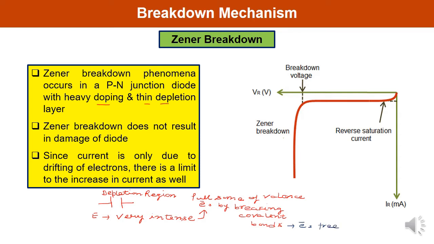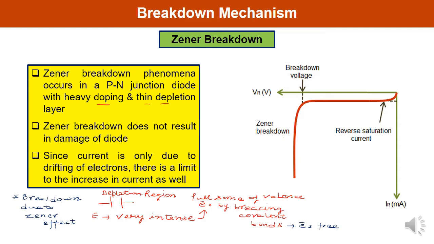A large number of such electrons can constitute a large reverse current flowing through the diode, and this is known as breakdown due to the Zener effect. You can see it in the diagram itself.